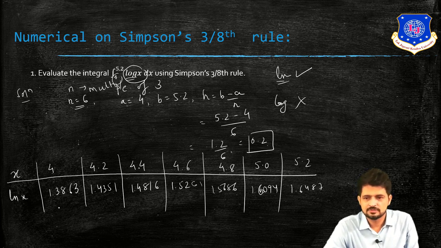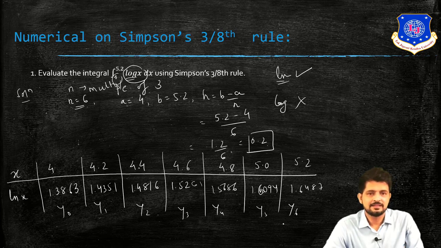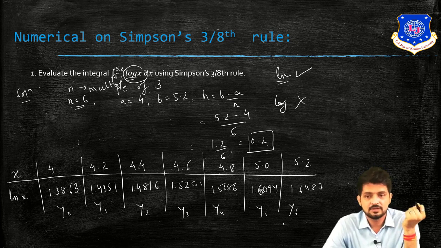These are the values. Then start giving numbers, y0, y1, y2, y3, y4, y5 and y6, and then we have to apply Simpson 1/3 rule. To apply Simpson 1/3 rule, we have to apply the Simpson 1/3 formula.